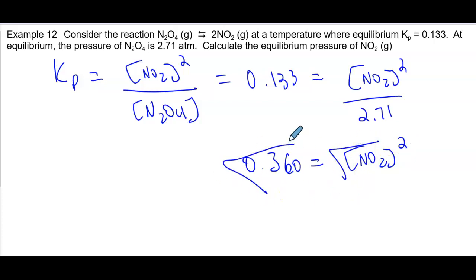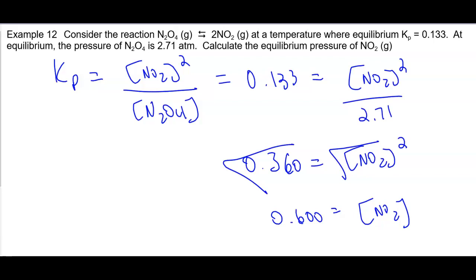So I'm going to square root that, and I get 0.60 is equal to the pressure of NO2. Now, why did I ignore Q? Because everywhere in this problem I see the word equilibrium. So it's very important that we read our problems and decide, is it talking about shift, then I have to do Q versus K. If it has the word equilibrium, then I'm not looking at Q versus K. I'm probably just solving for a piece of my expression like I did here.